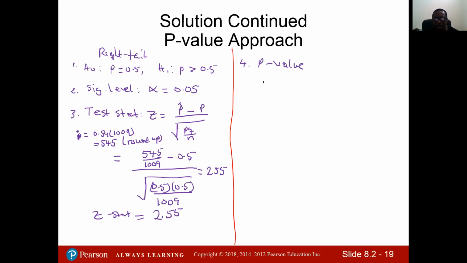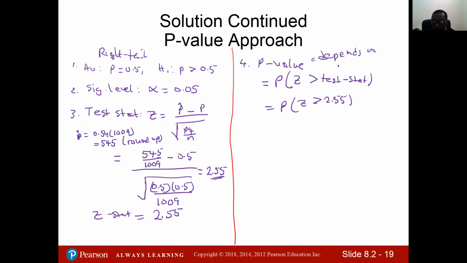Now, since it's a right tail, the p-value is the probability that my z-score is greater than the test statistic, which is 2.55. So the p-value depends, very important to note, on your test statistic.